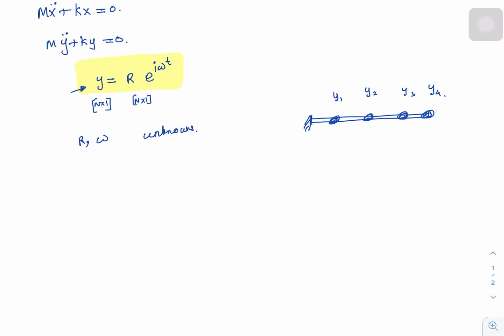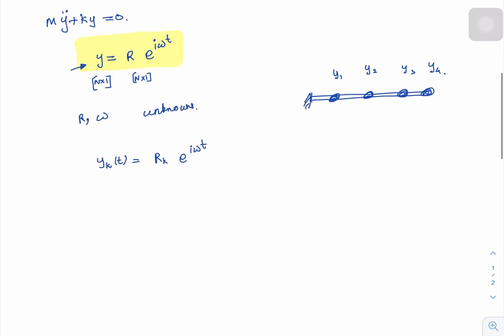Let's consider a point y of k, which I can write as r of k e power i omega t. Let's consider another point in this multi-degree of freedom system, which is m, so I can write r of m e power i omega t, where k is not equal to m.